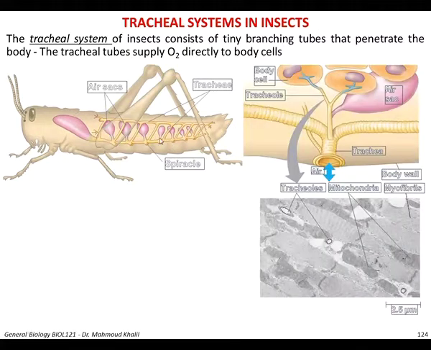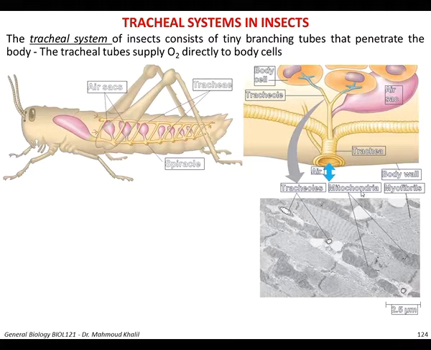If you enlarge a part of the tracheal system, you can see the spiracle, and these spiracles convey to a branch tube that soon stores this air in the air sacs. If you enlarge more, you can see that these tracheal branches are embedded inside the muscles of the insects.